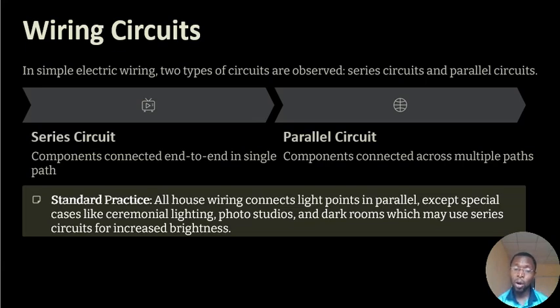So there are cases where you can connect your lights in series so that when you turn off one light, the other one goes off. But in a residential environment, generally when you connect bulbs, they are connected in parallel so that when you turn off bulb A, it does not affect bulb B, which we all observe in our various homes.